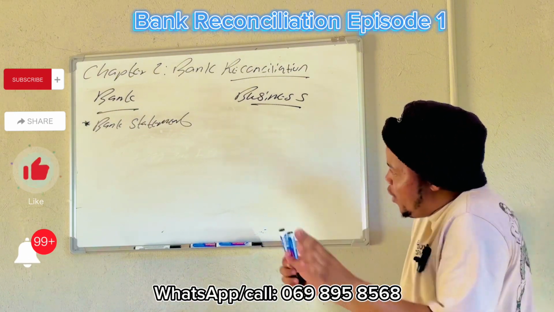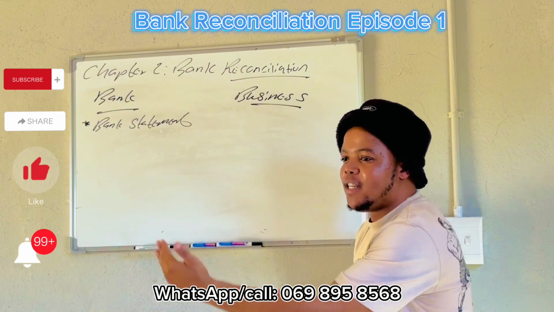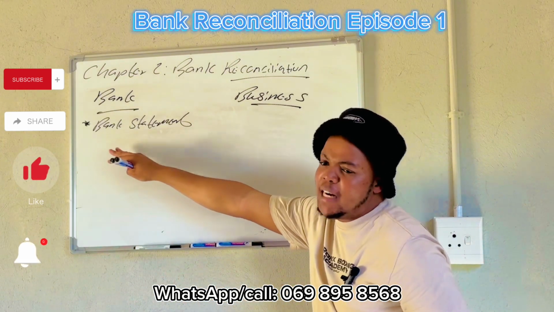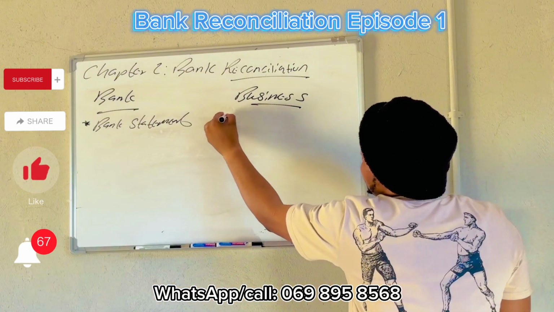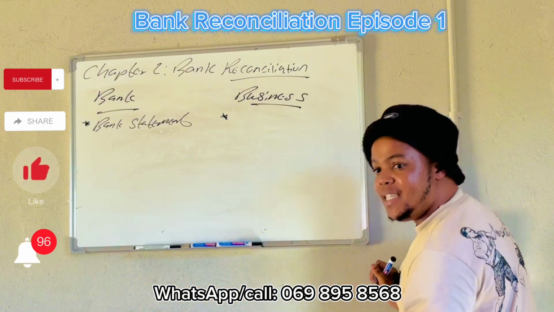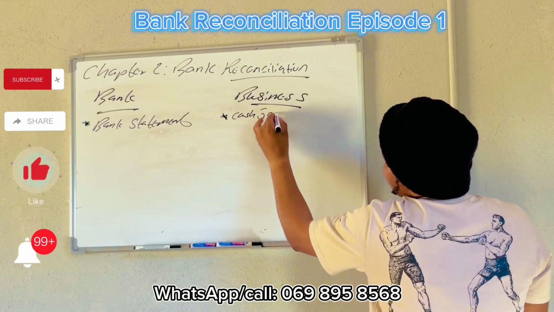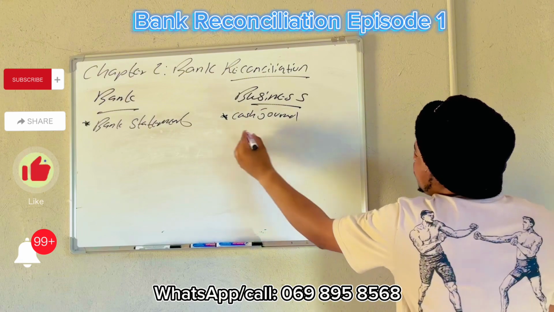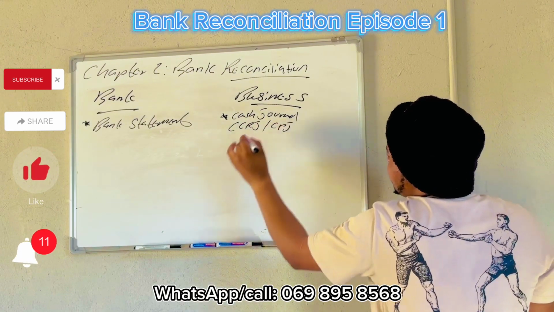Meaning that the only responsibility of the bank, when you are offering service to your business, is that they will only prepare the bank statement for you, right? And then we come to the business now. The business will be responsible for cash journals. These cash journals we are referring to are the CRJ and CPJ.